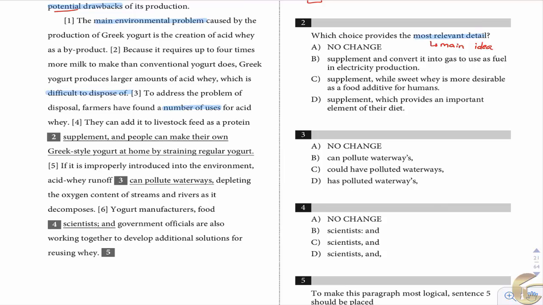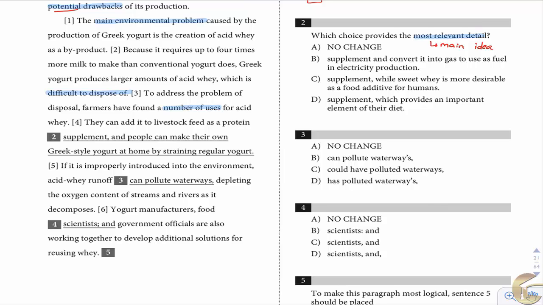So what we're trying to do is find an answer that is relevant to the main idea, which deals with environmental issues. So if it's not dealing with the environment, hopefully in a positive way, because this is a use for it, then we don't want to pick that as an answer. So answer choice A says protein supplement, and people can make their own Greek-style yogurt at home.